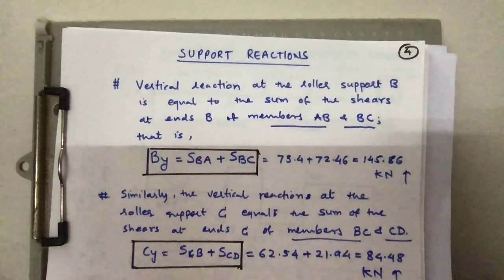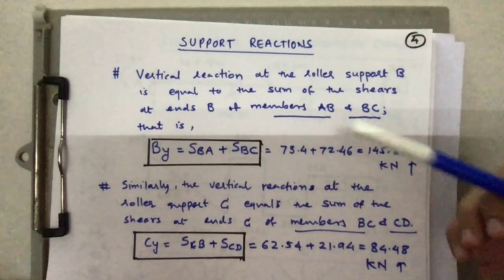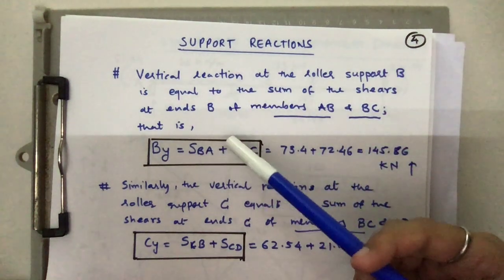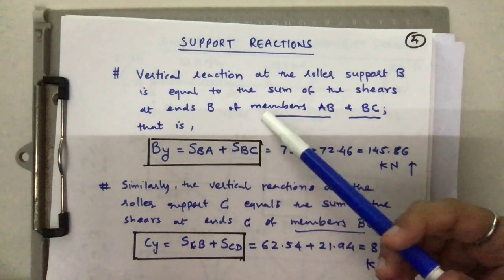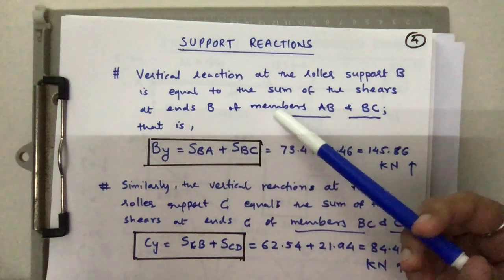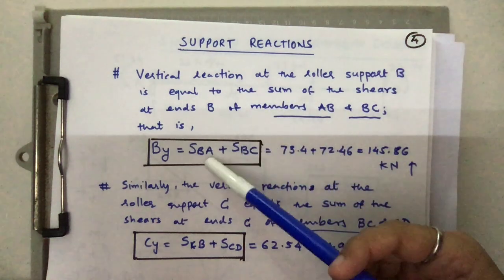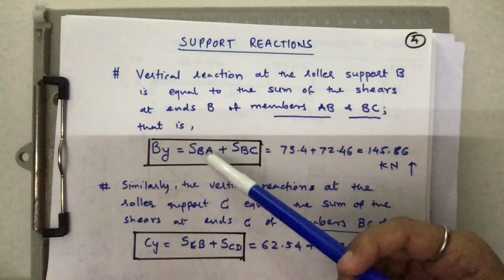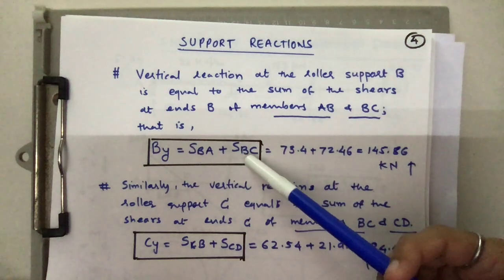Now to calculate the support reactions, the vertical reaction at support B is obtained by adding the shear forces at that particular support, SBA and SBC.